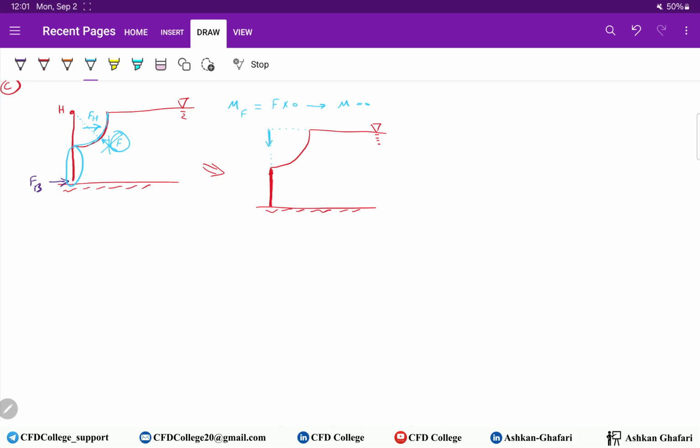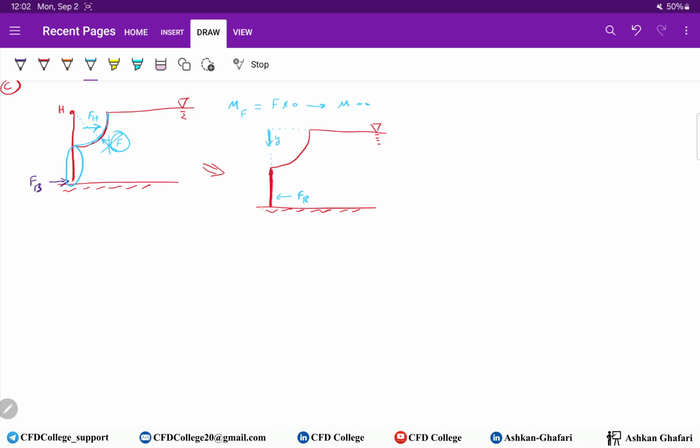So this is the y-axis, and it should be parallel to the gate. Here we have FR.